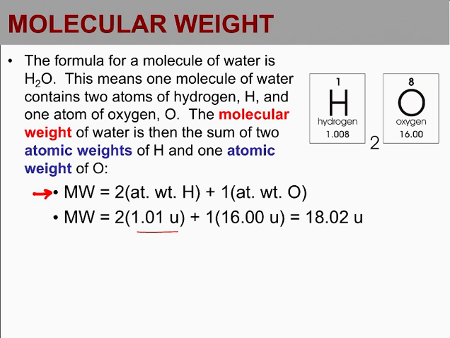Sometimes that just depends on the periodic table that you're looking at. Some periodic tables will carry out the atomic weight to 4 significant figures. Some only use 3. It just depends on which one you're referencing. But you should still get a very similar answer. So you'll notice here we still have an answer of 18.02 atomic mass units.